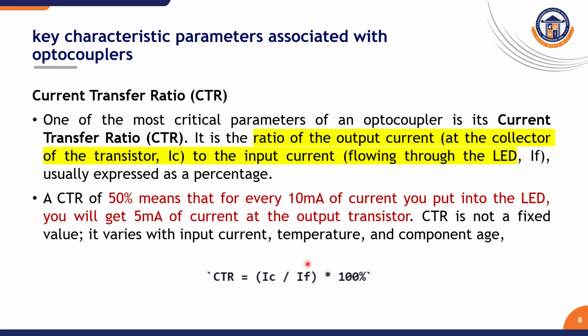IC is the output current and IF is the forward input current from the LED. If the CTR is 50%, it means that for every 10 milliamps of current you put in the LED, you will get 5 milliamps of current at the output of the transistor. So the CTR is measured as IC by IF into 100%.